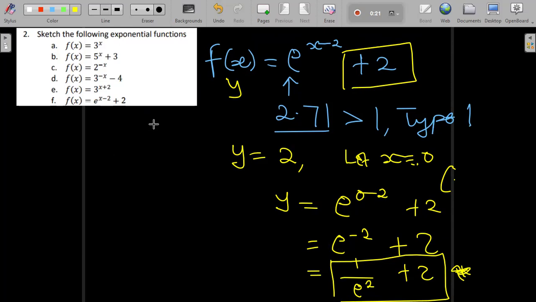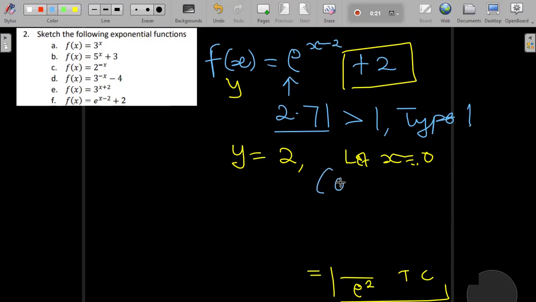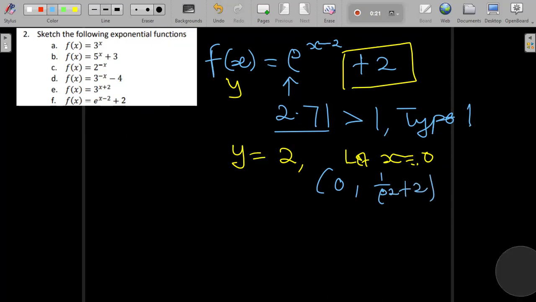Let me erase some of these things here. Our y-intercept is at (0, 1 over e squared plus 2). From that, we see that it is a positive number, and that's enough for us to sketch.